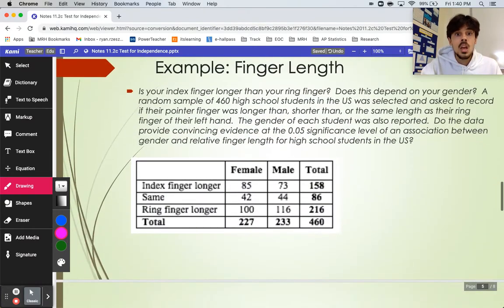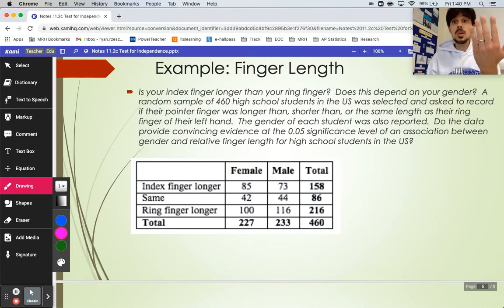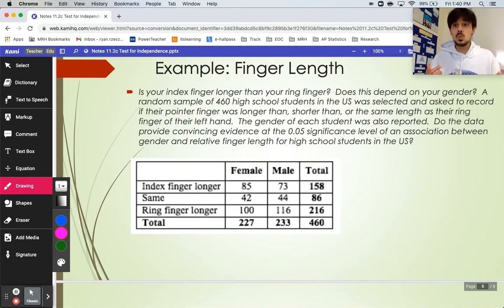So our example problem for the day. We collected this bunch of data here, 460 high school students, one big pile of kids. And we asked to look at their fingers, and we asked to see if there was a difference between the ring and the index finger for which one is actually longer. So we recorded whether the index finger was longer, whether they were the same, or whether the ring finger was longer between all these people. Now, this data came from one giant sample.